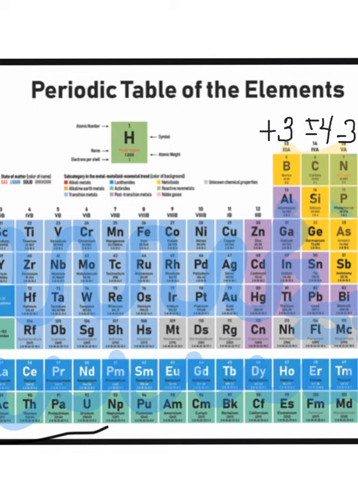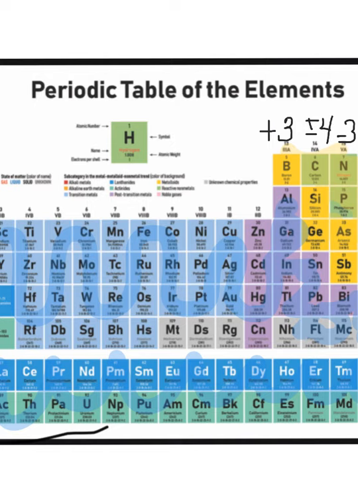The next family is the oxygen family. They will gain 2 electrons when becoming an anion. The next family are the halogens, which tend to gain 1 electron, so their oxidation is the -1.